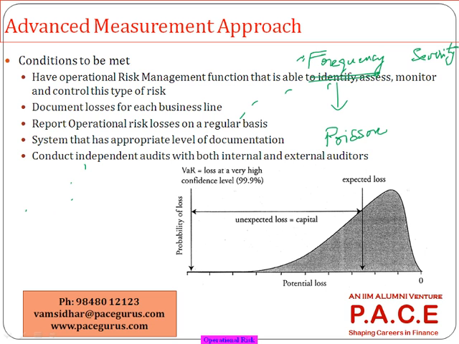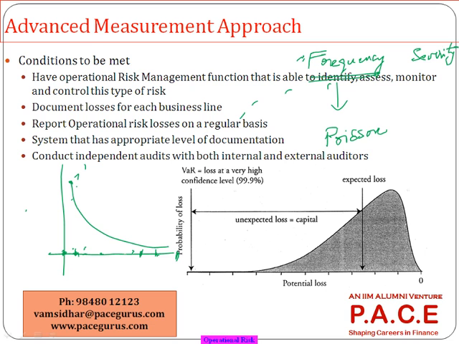The typical graph of a Poisson distribution looks like this, wherein the probability of zero or one loss is very high. I mean, one fraud, two frauds, their probabilities are very high, but the probability of 20 frauds, 30 frauds, 40 frauds keeps going down.